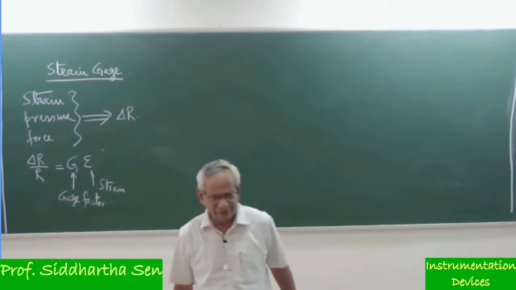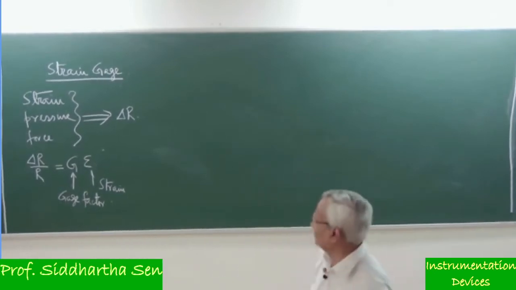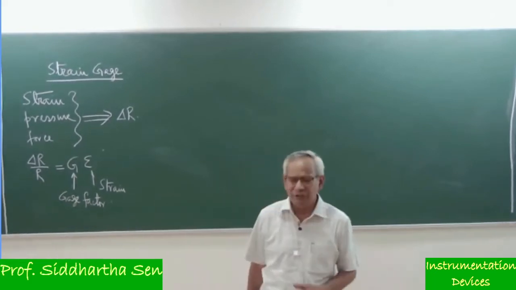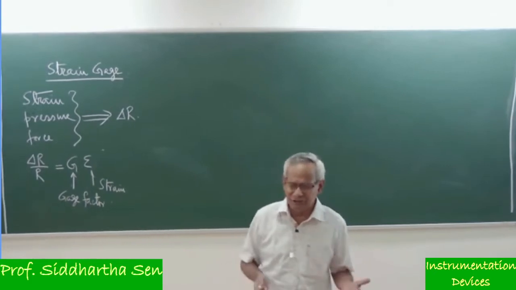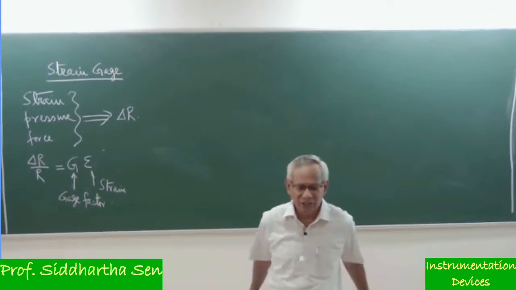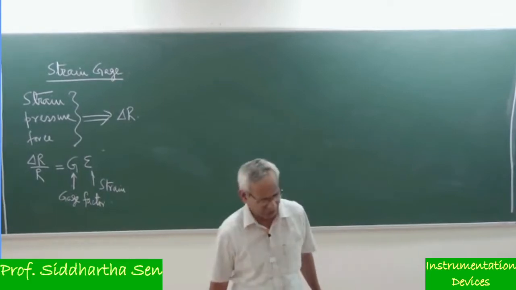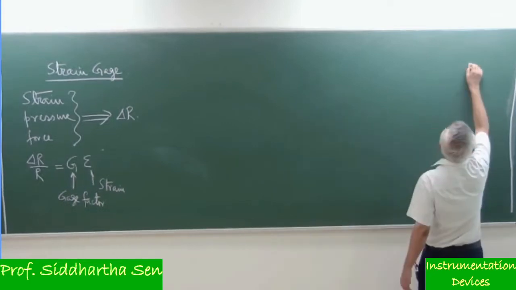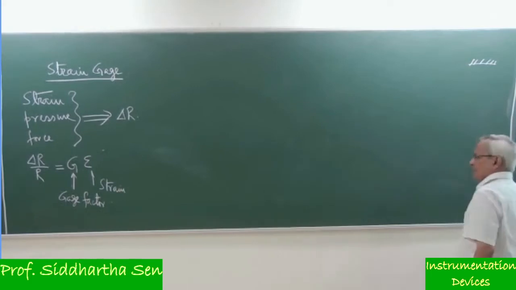Now, let us try to find out how it measures strain, what G is, and how the change in resistance is related to the strain. For this, we take up a simple case to understand the change in resistance due to strain.